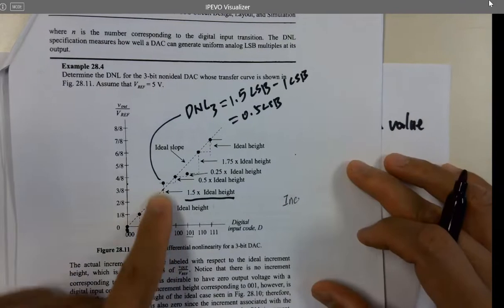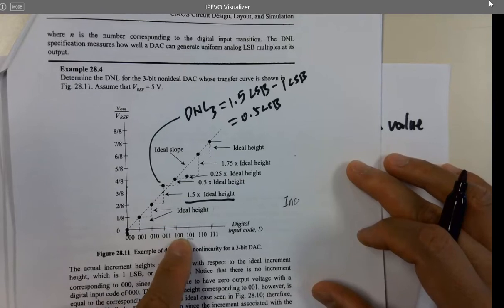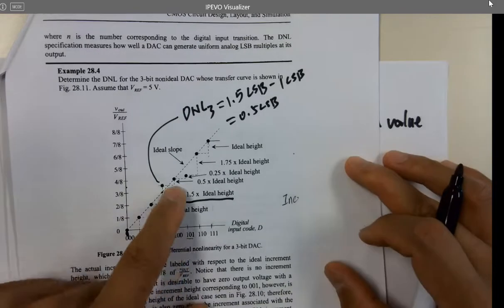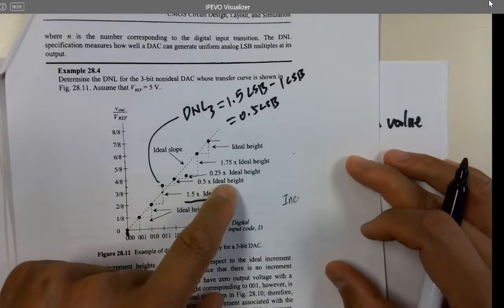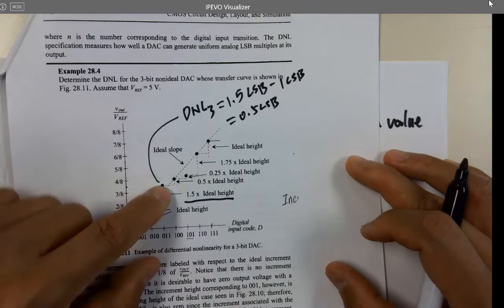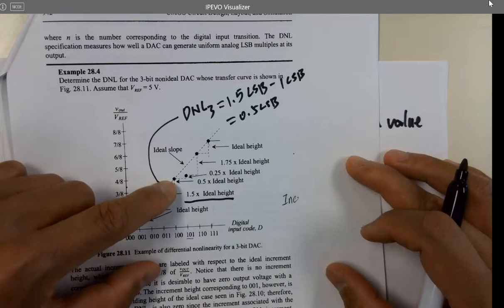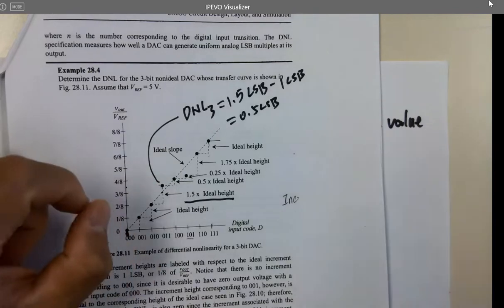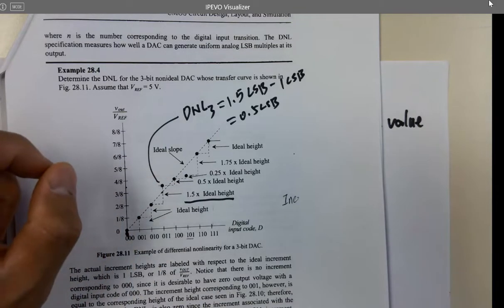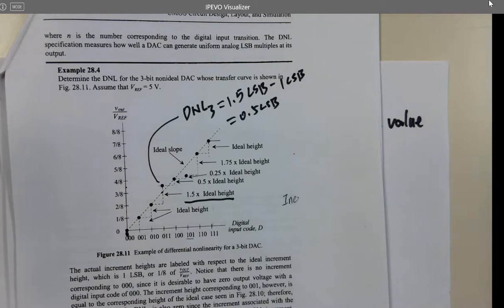So what about this one? What about DNL 4? See, 0.5 ideal height, which means the height here is 0.5 LSB, compared to 1 LSB. Always for DNLs, you just look at the step size or the increments, and just minus 1 LSB. That's it.